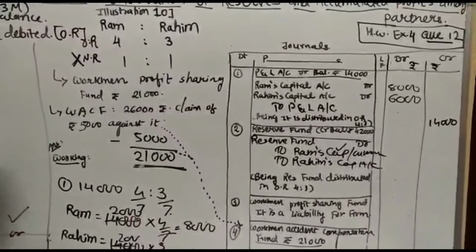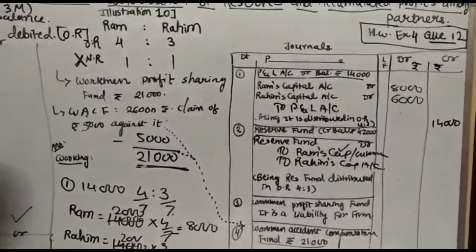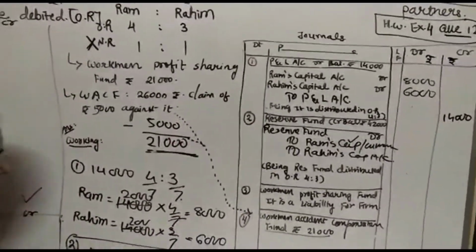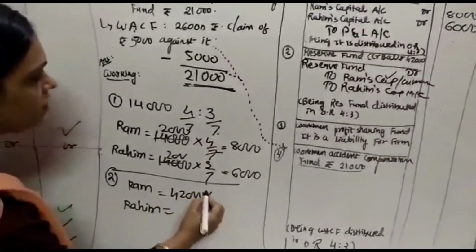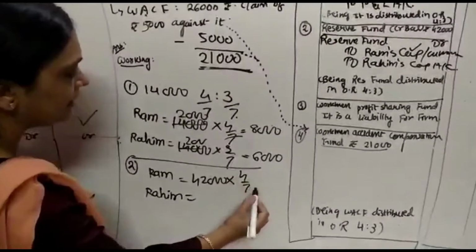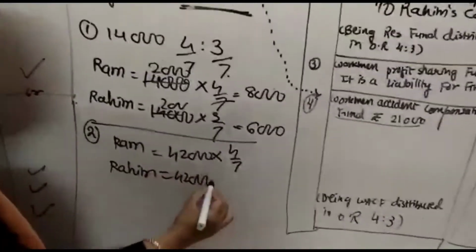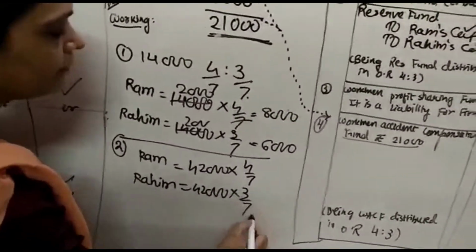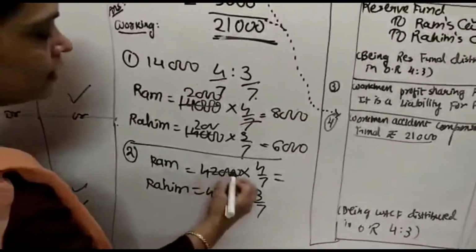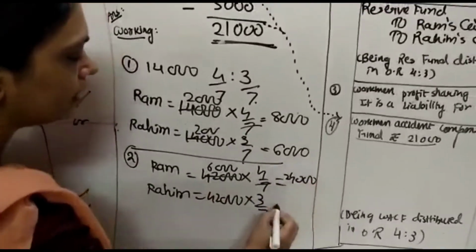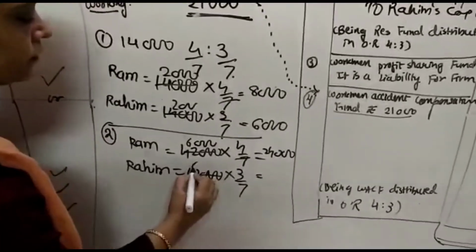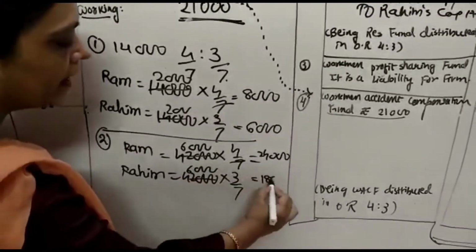Now 42,000 I am going to distribute. Second note, Ram then Rahim. What is Ram's total? Out of 42,000, Ram's share would be 4/7. Again 42,000, Rahim's share 3/7. This is 6,000 each, so that would be 24,000 here, and here it would be 18,000.